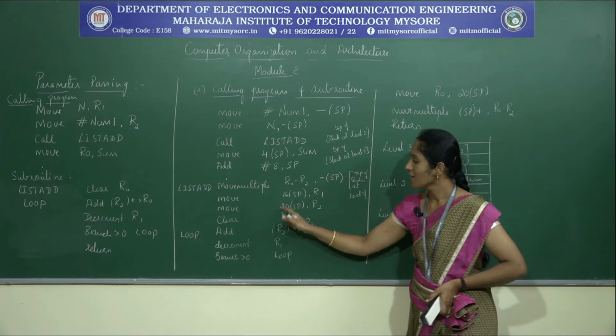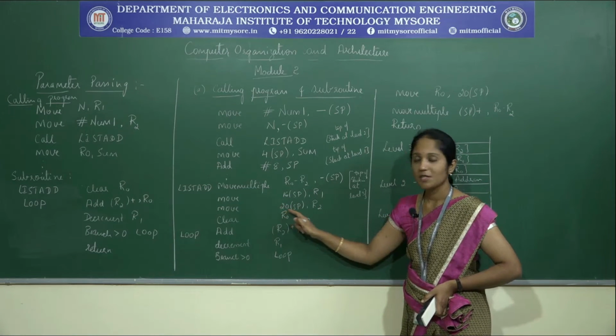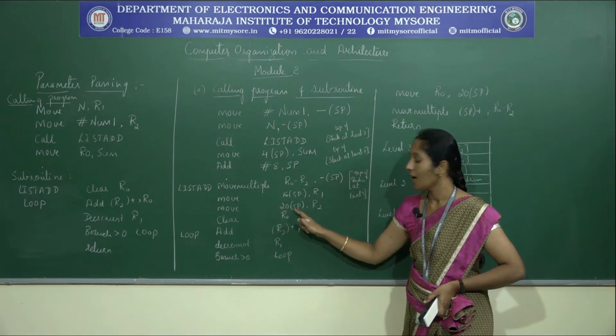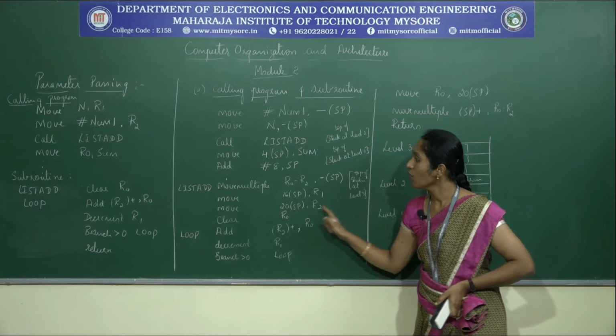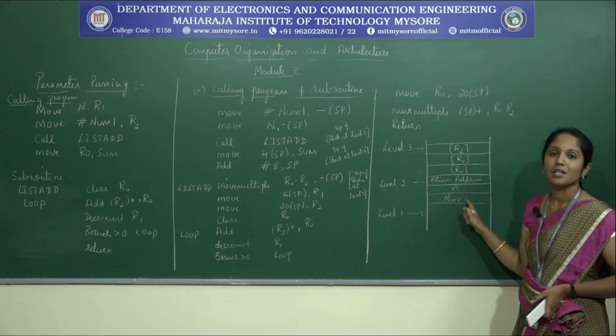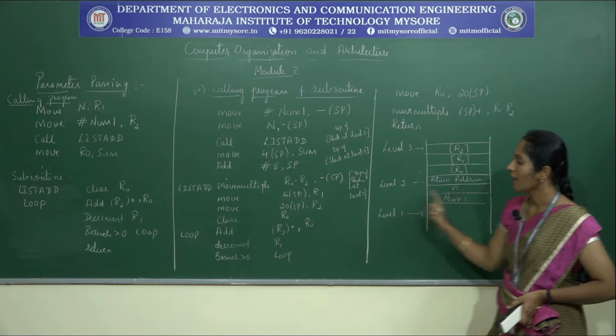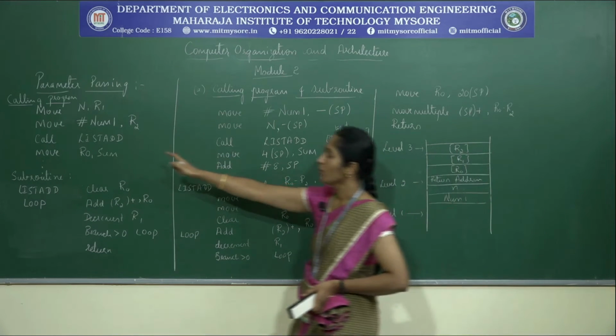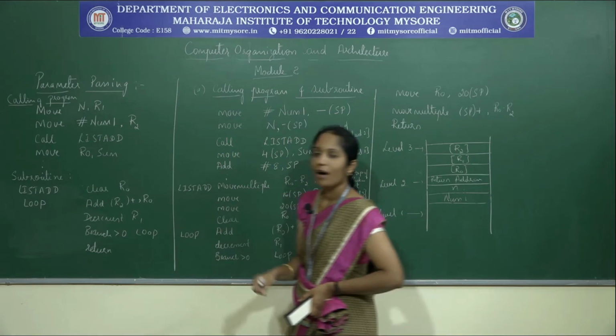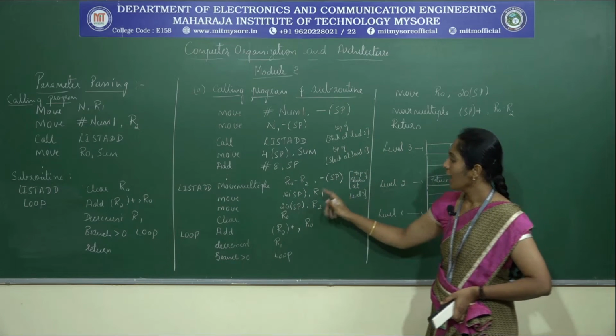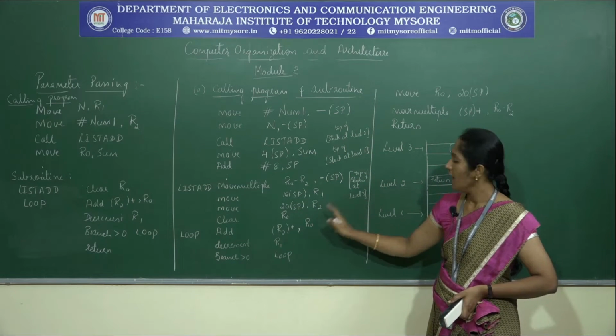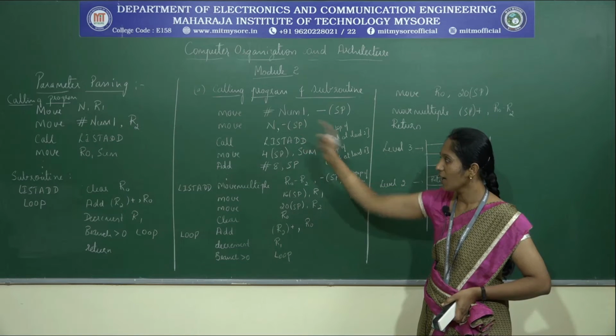Because of that, we are using this offset addressing mode. So 20 of SP points to the address of the first element to be added, and that address will be moved into R2. So now we have R1 as small n and R2 as hash num1.